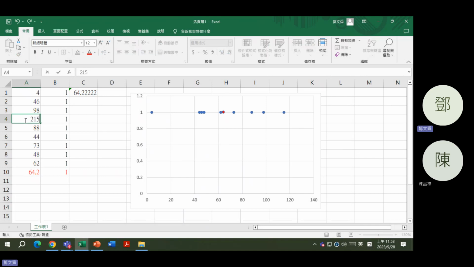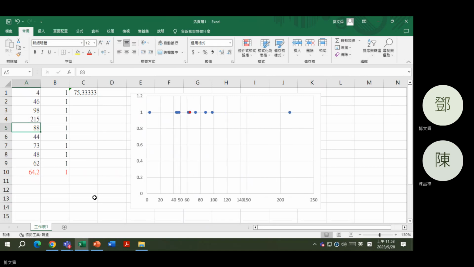What happened? Look at this. 115 is now changed to 215. I will press the enter key and see what happened. The red dot goes to the right.